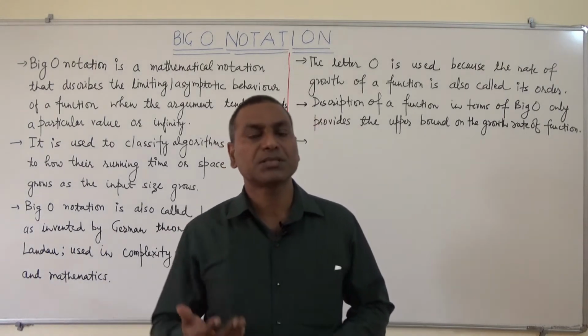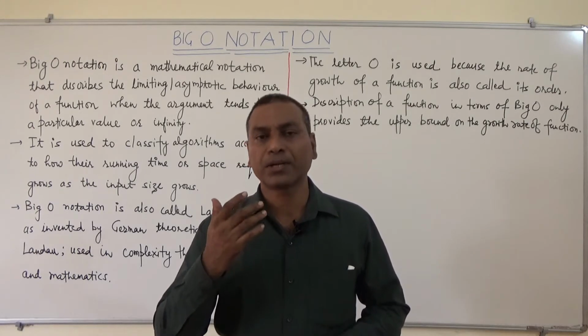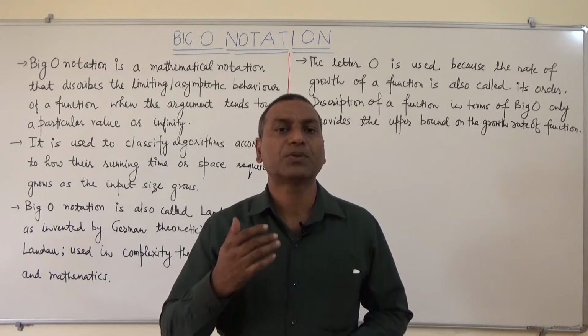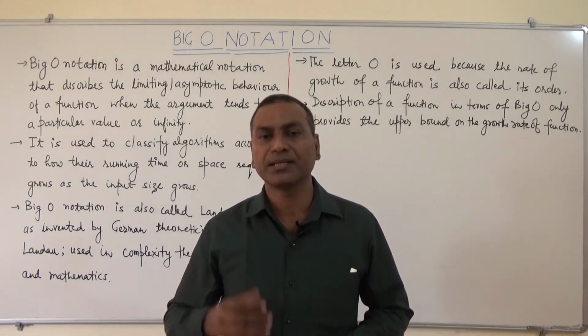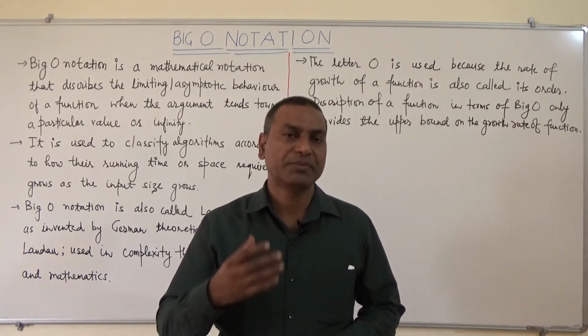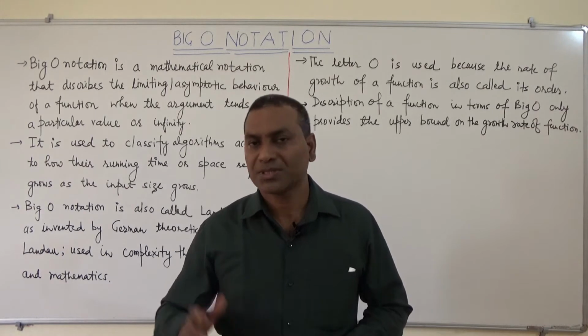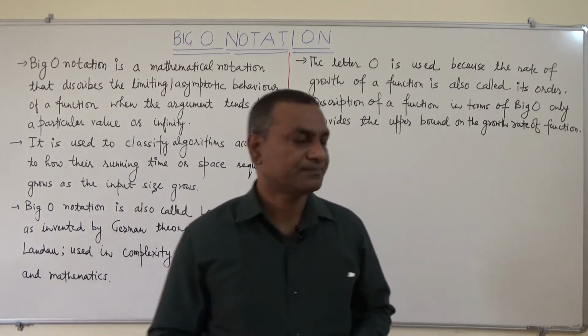We will also see with the help of some examples how we can calculate the running time complexity of any program. A program may contain simple statements, loops, nested loops, and conditions. So first of all we will see its definition.